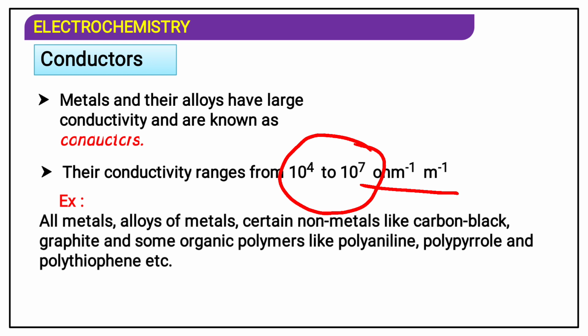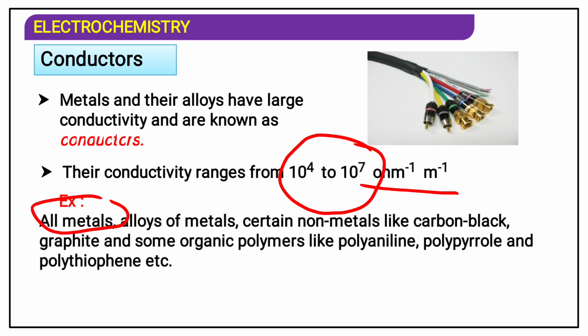So in our chemistry, all metals belong to the conductors, and the alloys of those metals are also conductors. If you take metals like copper, gold, silver, iron, zinc, and so on, all belong to conductors only.